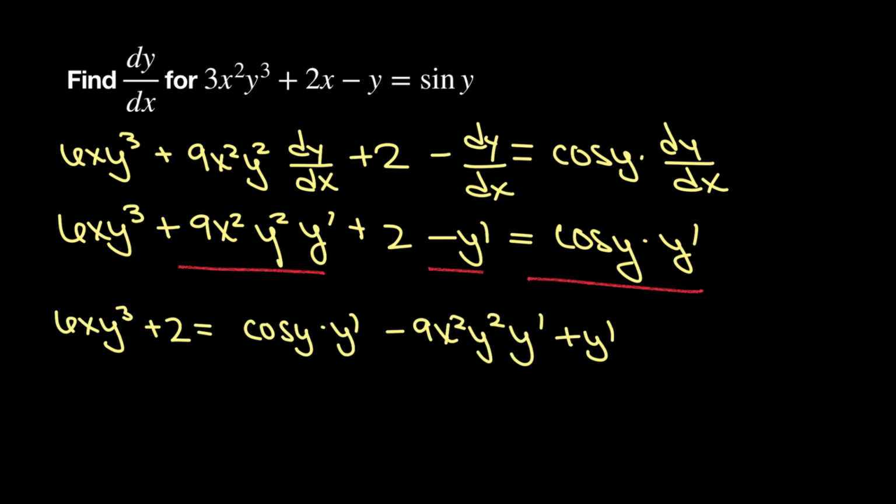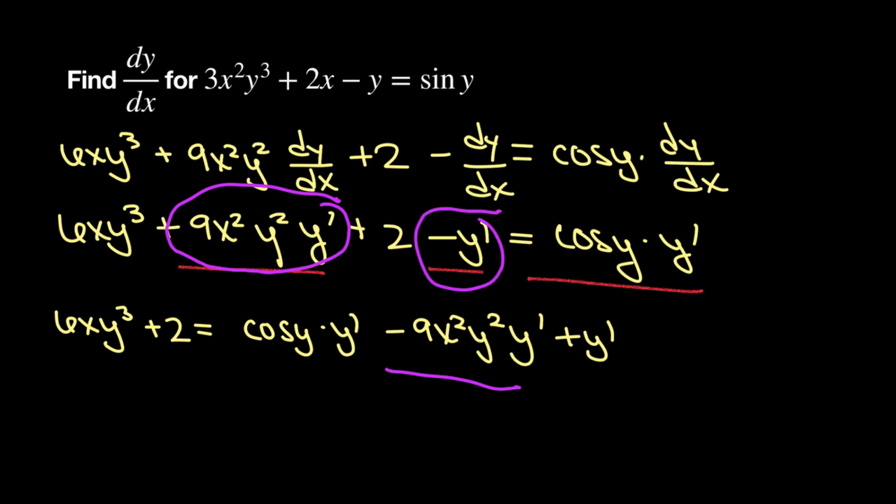All right, so what I want to do is I want everything with y prime, that's what I'm solving for, on one side of the equation, and everything without y prime on the other side. So I've decided to put all the y primes on the right-hand side. So I am going to take this 9x squared y prime and subtract it to move it over.